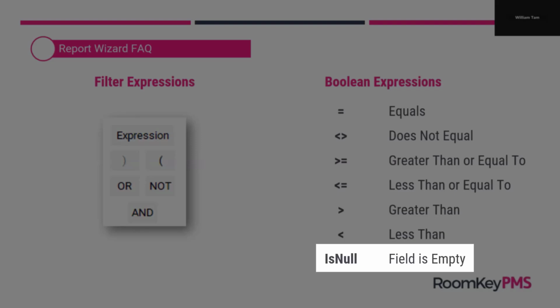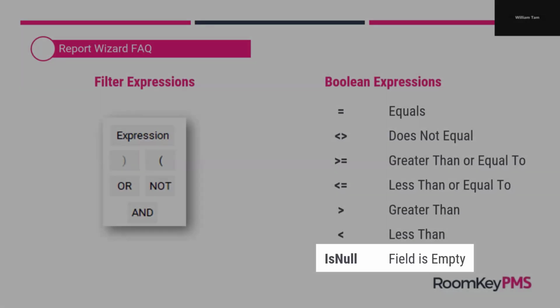So that can be really helpful. Like I said, if your policy is to always pre-assign room numbers for your arrivals, you could create that custom report and identify if you have any arrivals upcoming that are missing a room number because the field is empty.